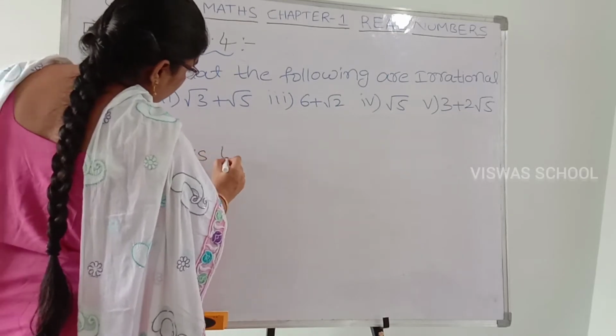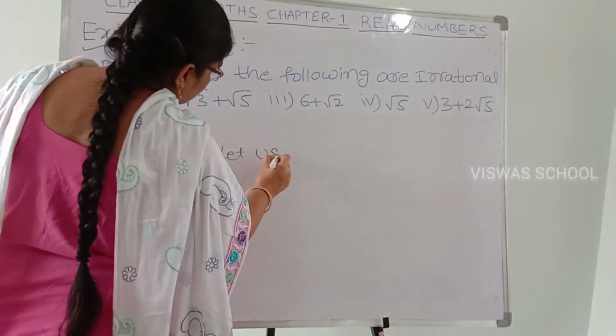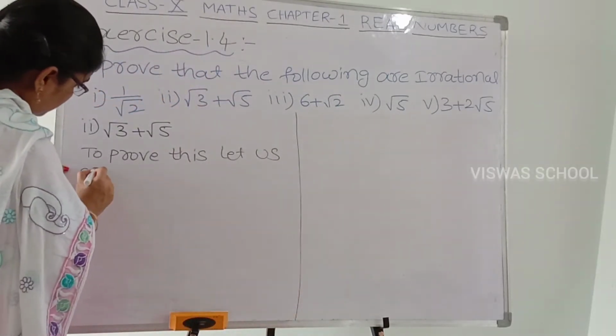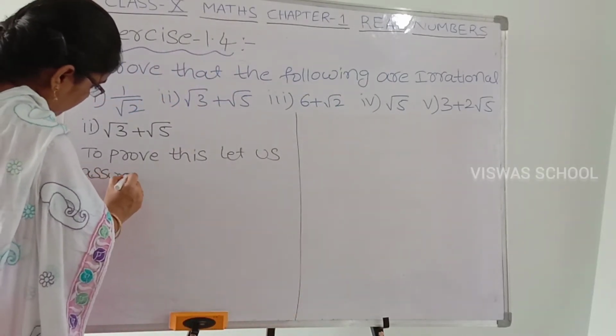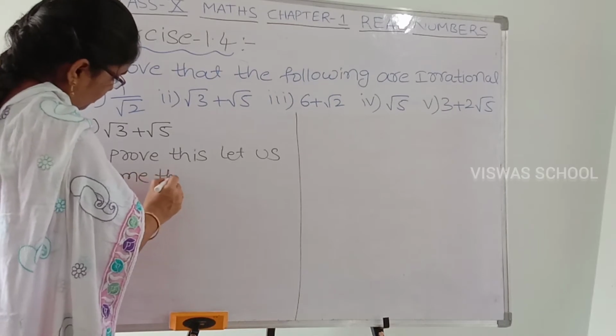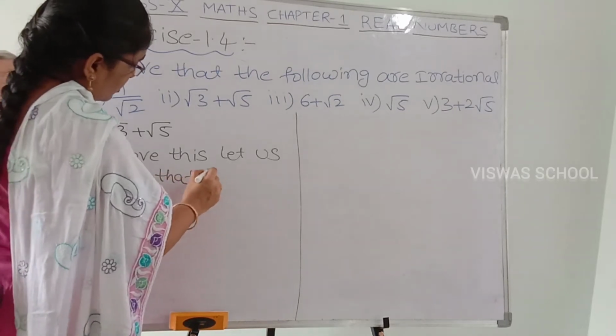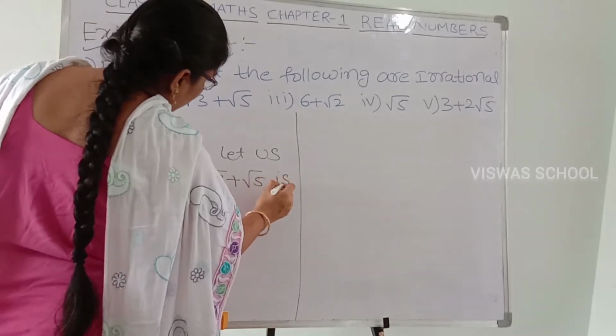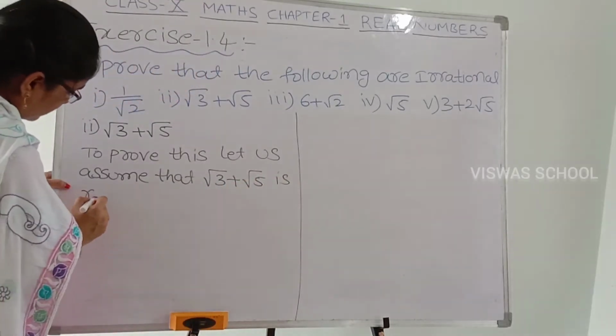Let us assume that root 3 plus root 5 is rational.